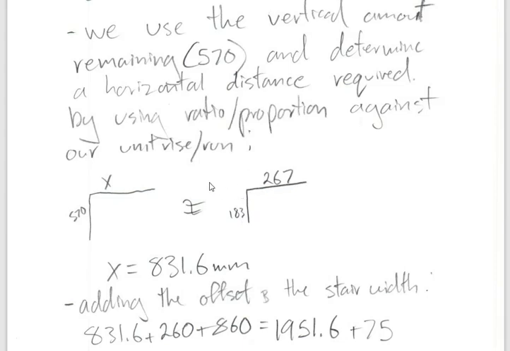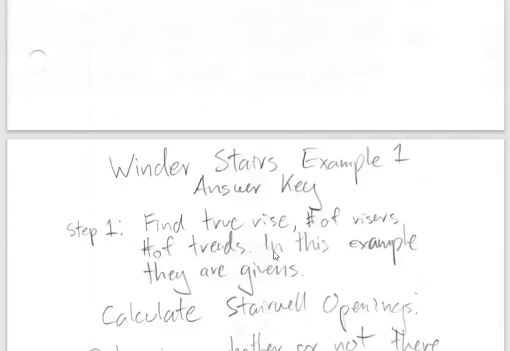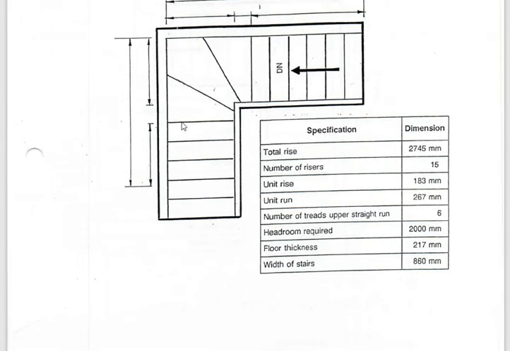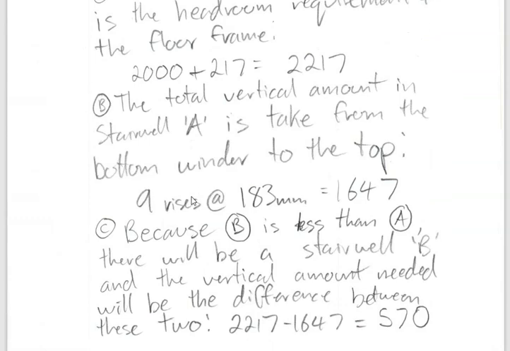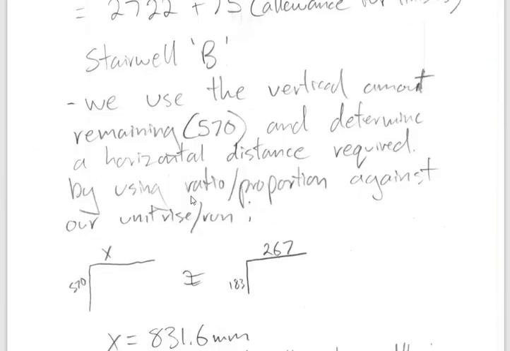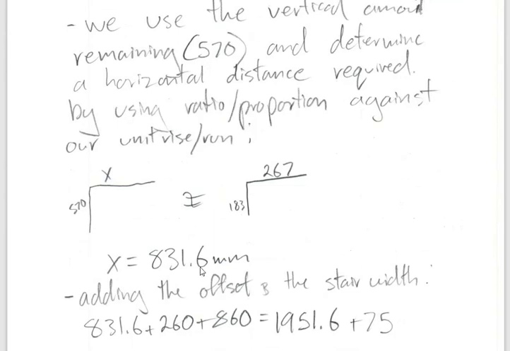Okay, so based on a ratio and proportioning, we can solve for x, cross multiply these two, and divide by 183. We get 831.6 millimeters. So that tells us that to descend 570 millimeters to get us to code, we will need to travel horizontally 831, sorry.